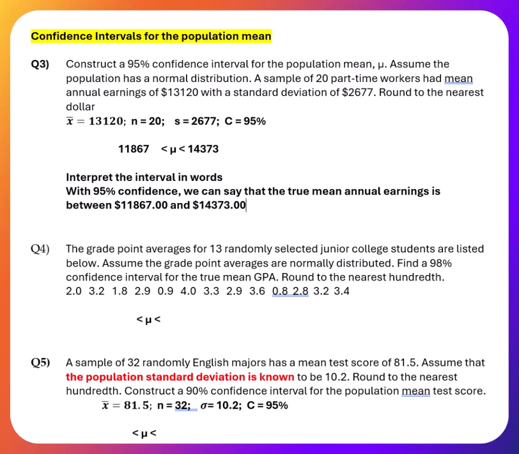This is how you find a confidence interval for the population mean by going to Stat, T-stat.